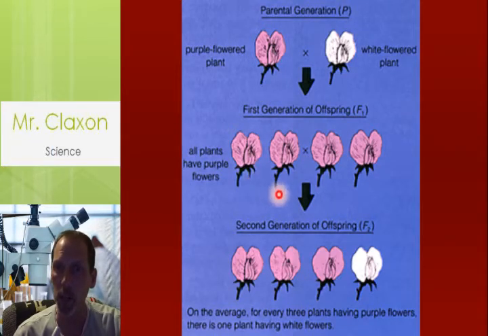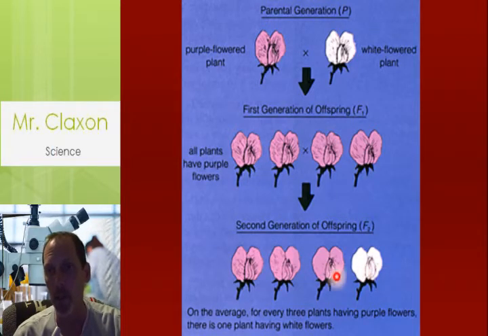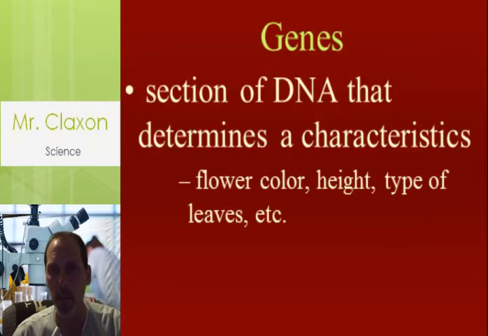You just had to get the right combination to get this white flower. But most of the time, 3 out of 4 times, you get a pink flower. So that's genetics, and that's what led to understanding that characteristics from parents can get passed on to offspring.